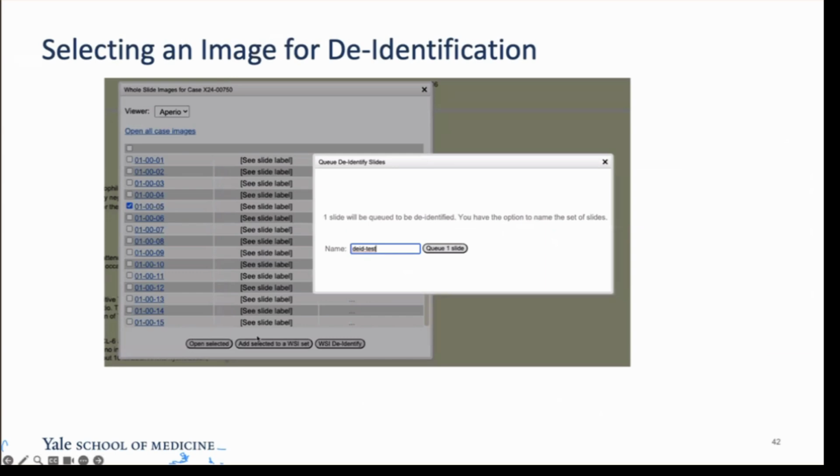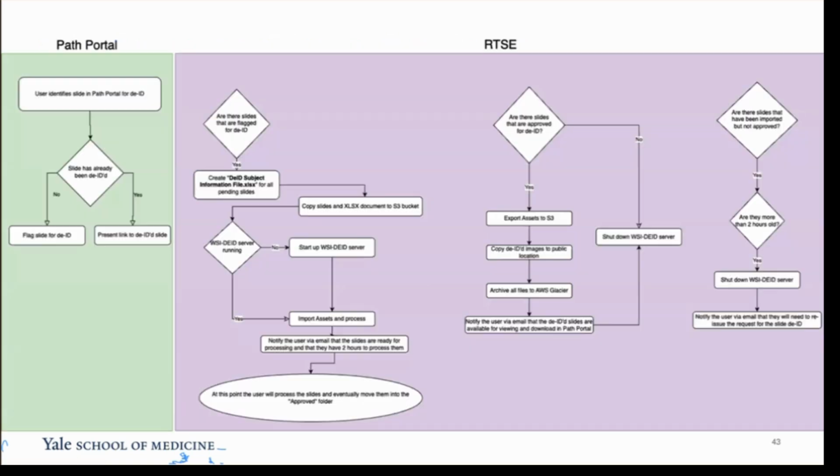The access to the de-identification pipeline is again through the pathology portal. So again, you can see this pop-up dialog box that we get through the WSI links. And here we select the slides that we want de-identified. We click on this button that says WSI de-identify. It gives us the option of naming that particular slide whichever way we want. And what happens then is that a process is set in motion.